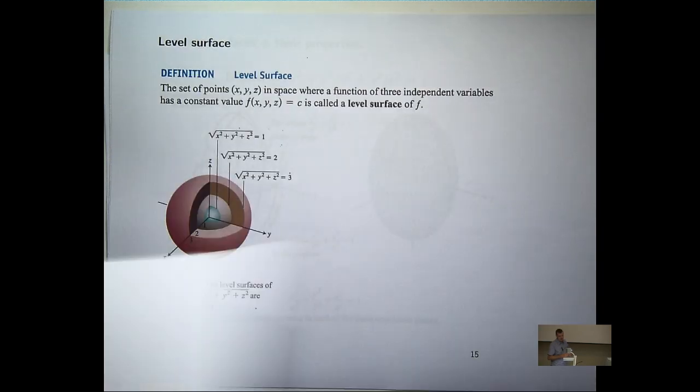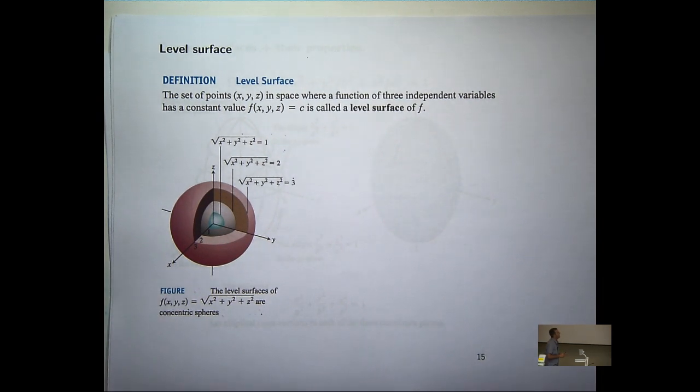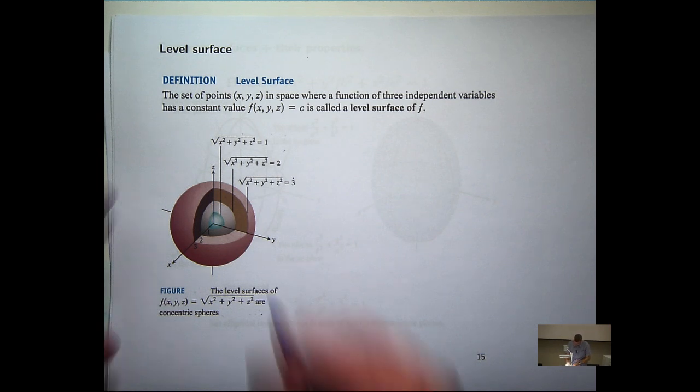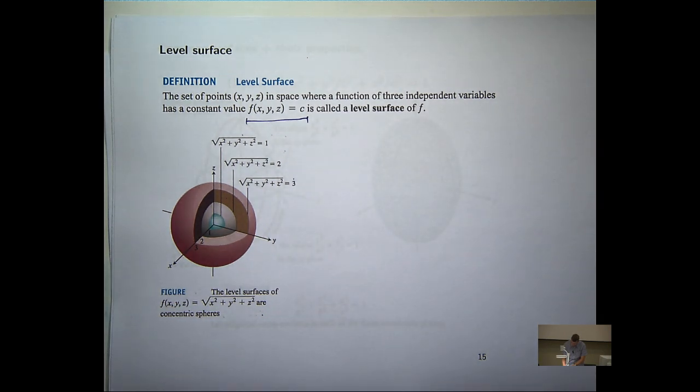So let's have a look at some. Actually, before we get to that, we can step it up. This is something you haven't seen in first year. We can step it up to form level surfaces. So functions of 3 variables. You just follow the same kind of method: set the function to a constant and then vary that constant.